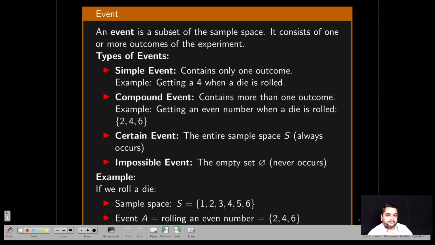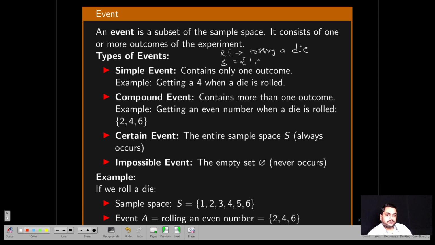Now we will define an event. An event is a subset of a sample space. It consists of one or more outcomes of the experiment. Suppose, what is the event in the previous example? You have a 6-sided die. What is the random experiment there? Random experiment is tossing a die, 6 faces. What is the sample space?